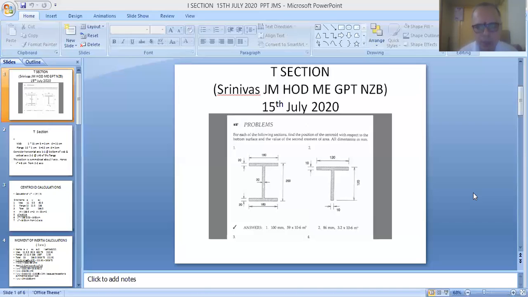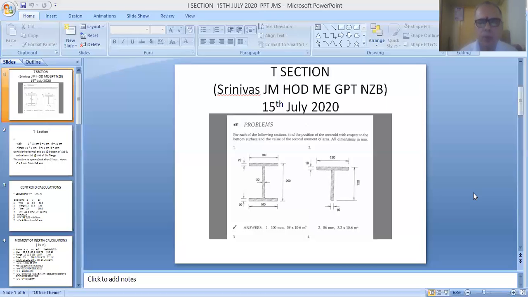Dividing the section into components is very, very essential for doing the calculations. Basically we have to find out the areas of the components, and that is very useful for estimating the center of gravity.